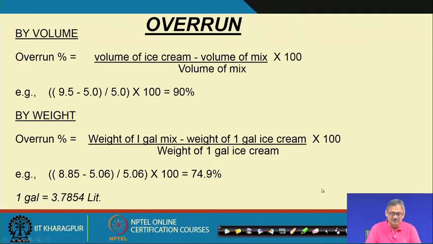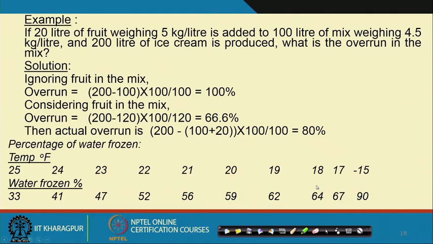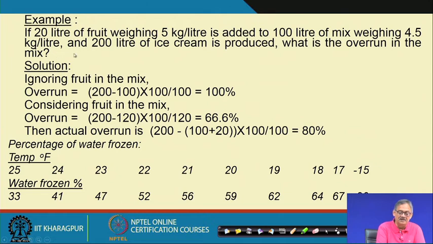Okay. Then we have spent a lot on it. Let us go quickly into an example, right. Say 20 liter of fruit weighing 5 kg per liter is added to 100 liter of mix weighing 4.5 kg per liter, and 200 liter of ice cream is produced. What is the overrun in the mix?